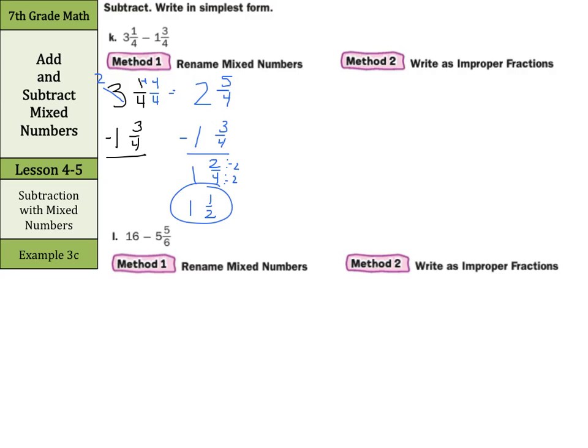1 1/2. As improper fractions, 3 and 1/4 is 13/4 minus 7/4. 13 minus 7 is 6/4, which is the same thing as 3/2, which is the same thing as 1 1/2.